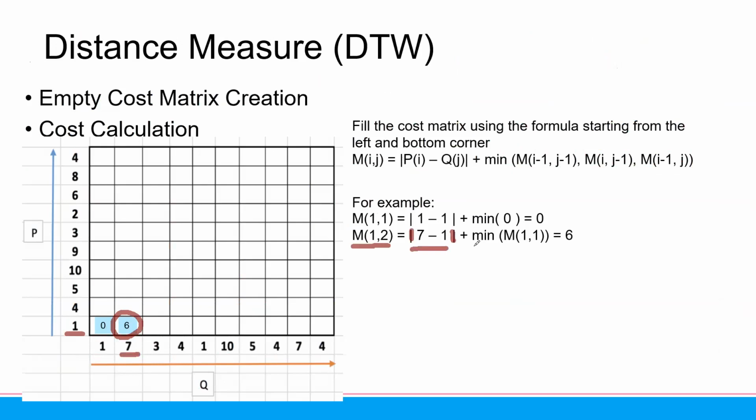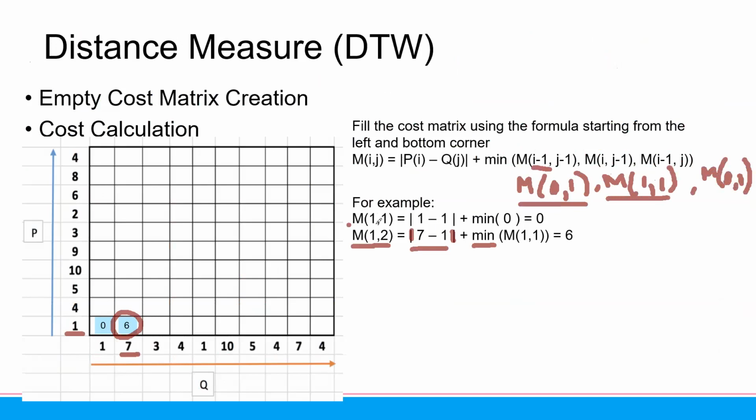And then we need to check the minimum: M0,1, M1,1, and M0,1. M0,1, of course, doesn't exist.